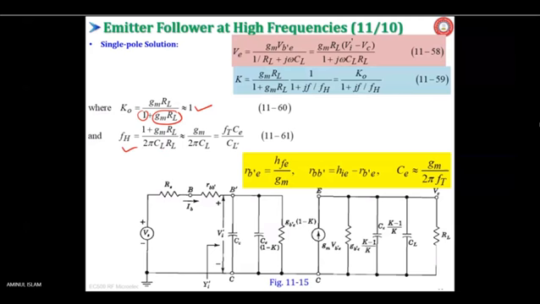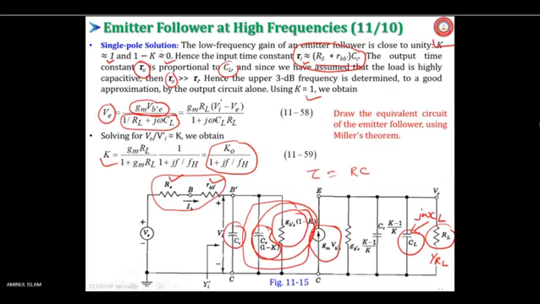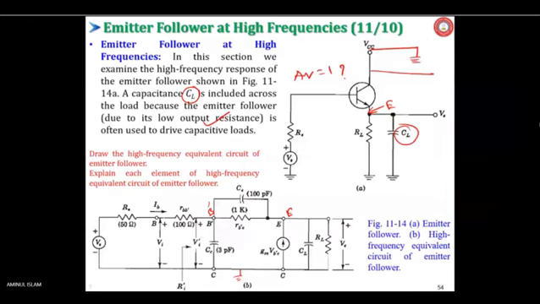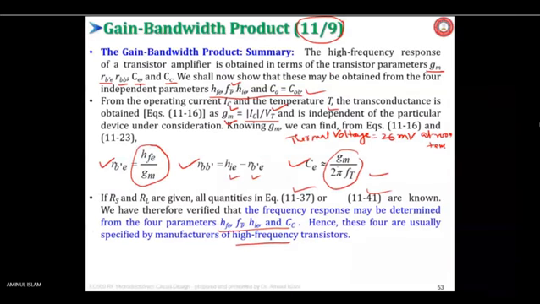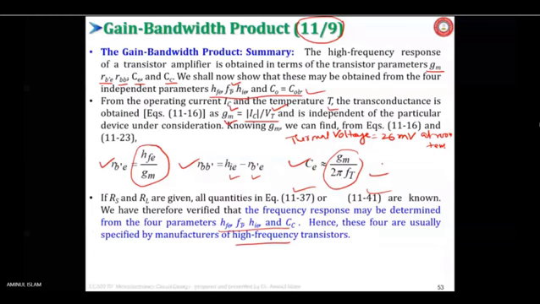And fh can be written as ft by Ce by Cl. Yes, the relationship we have seen earlier is written here. ft, see, we have already denoted here.